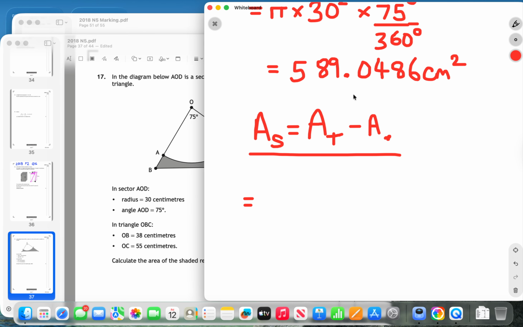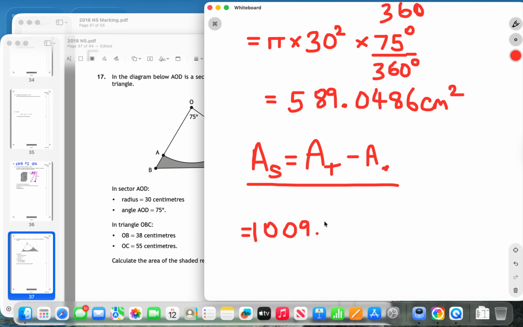So that's this. $3925 take away the sector, which is 589.0486, and you're going to plug this into the calculator and you're going to write it down again to 4 decimal places. We will deal with rounding in a second.